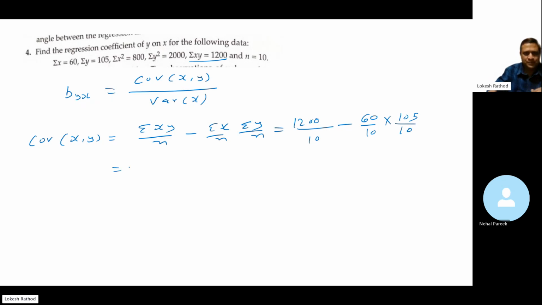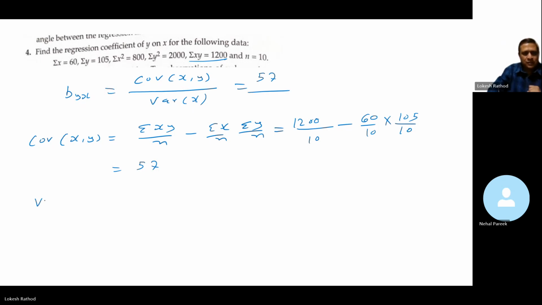So what do we get? I got 57. Right, so covariance of xy we found. So the numerator we found, 57.